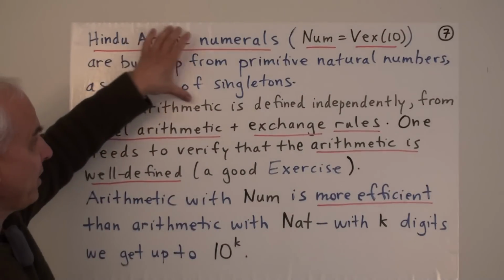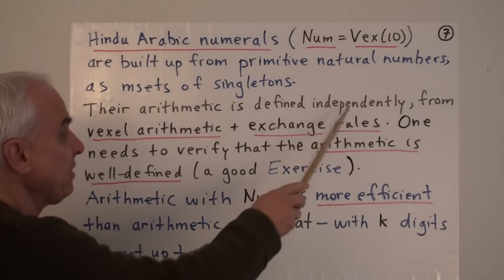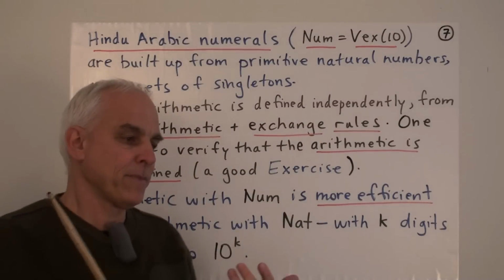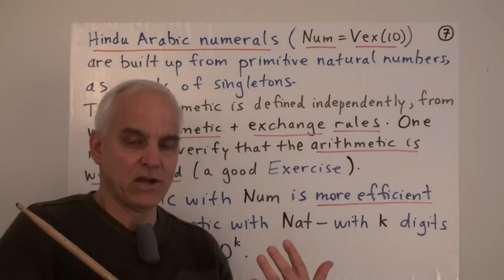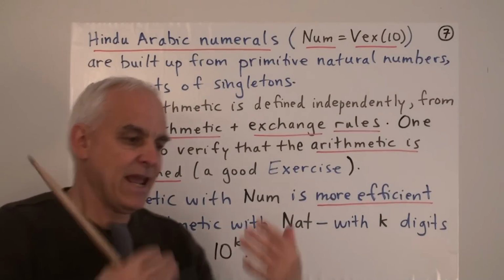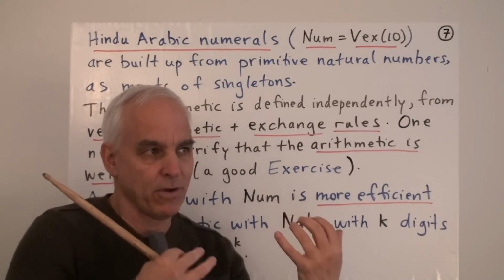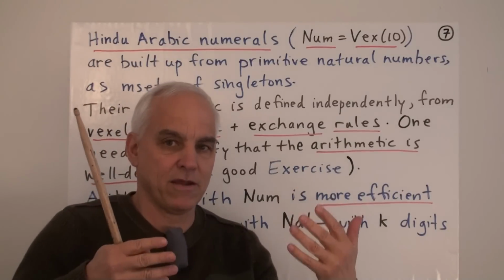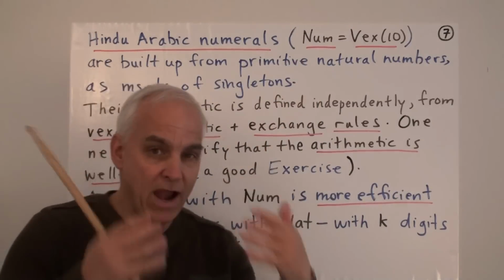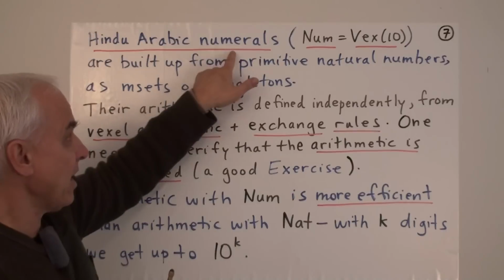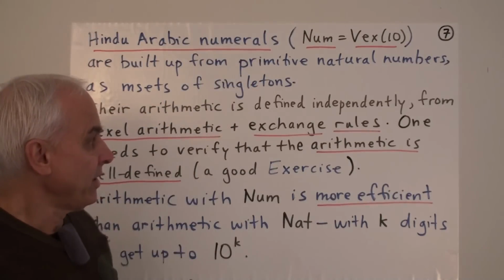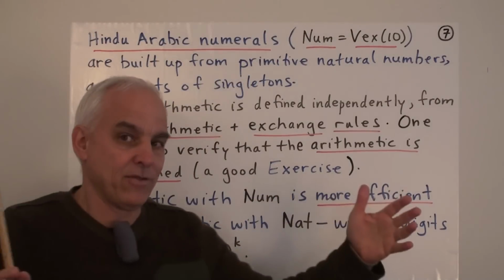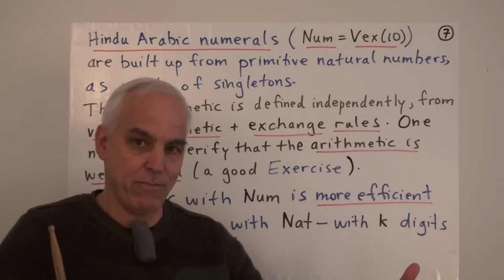The arithmetic with these numerals is defined independently of our arithmetic with primitive natural numbers. It's not that we're just taking the prior arithmetic of natural numbers and converting it into an arithmetic for these things. We're defining a new arithmetic on these, which is extending the arithmetic of natural numbers.